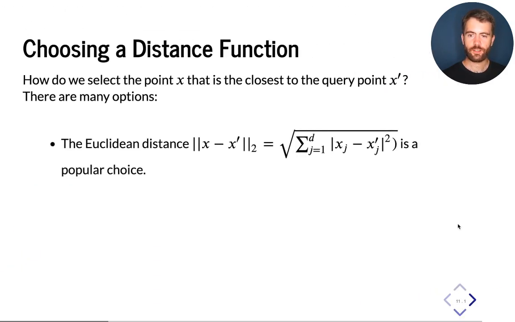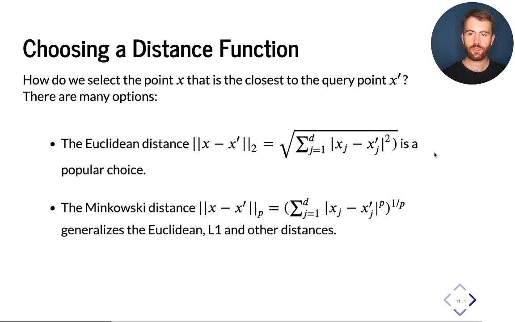So the Euclidean distance is one popular metric. Another type of distance that extends the Euclidean distance is called the Minkowski distance. And the Minkowski distance looks at the p norm instead of the L2 norm of the difference between x and x prime. And the p norm is defined as follows.